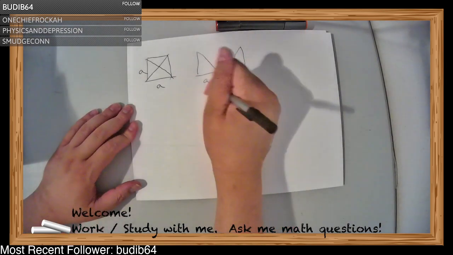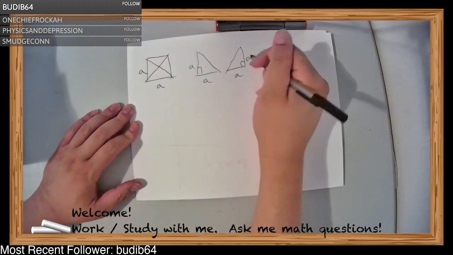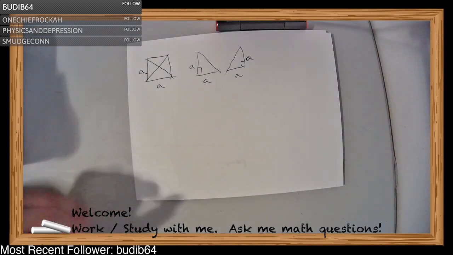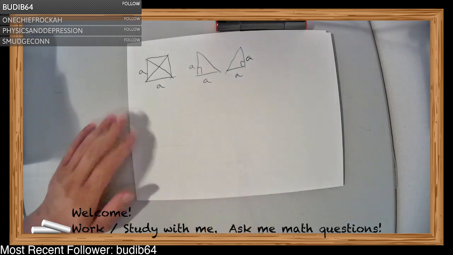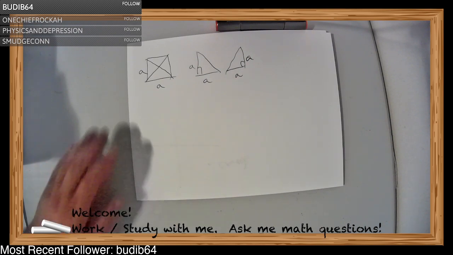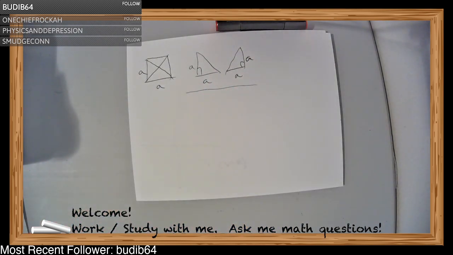We can use the Pythagorean theorem, or technically congruent triangles, but using the Pythagorean theorem we can prove that this is a root 2 and this is a root 2, and we're done. Let's do all the square ones first. So this one is the diagonals are the same length.